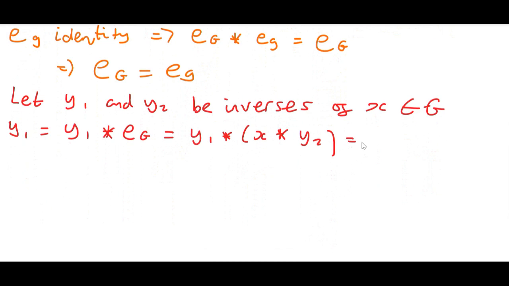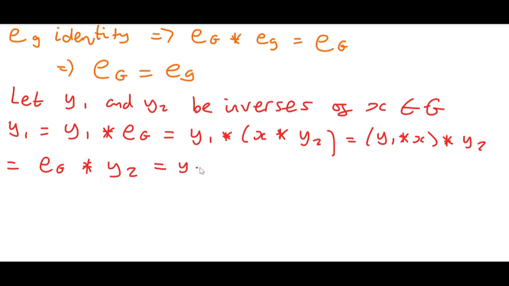And then we've got the associativity property, so we can write this as y1 star x star y2, and then again by the definition of the inverse element of x, y1 star x is the identity, star y2, and that's clearly equal to y2. So y1 equals y2, and inverses in a group must be unique.